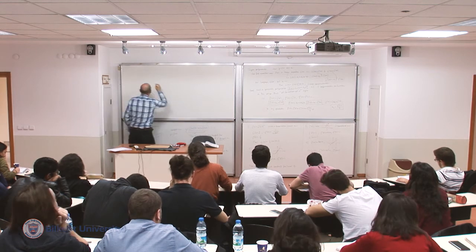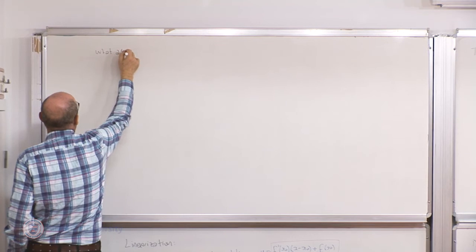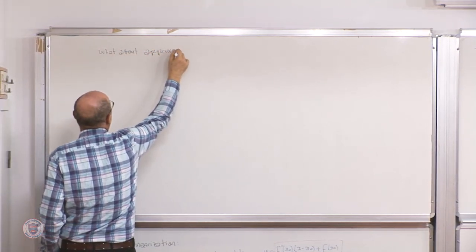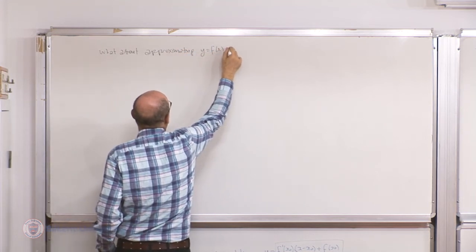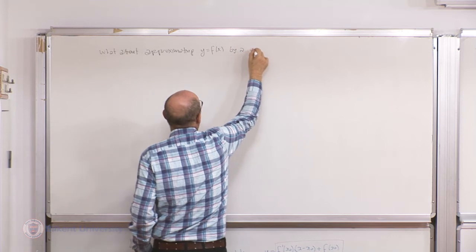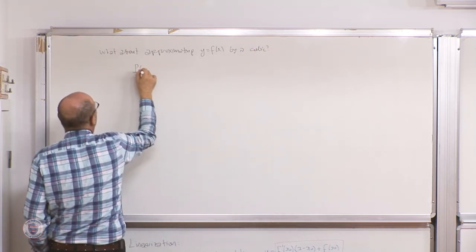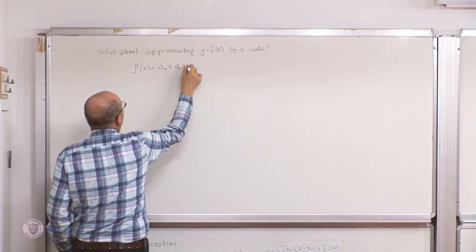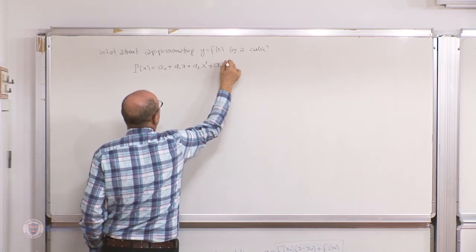Okay, so what about a quadratic, cubic? What about approximating y equals f of x by a cubic? So we want a cubic: P of x equals a0 plus a1 x plus a2 x squared plus a3 x cubed.